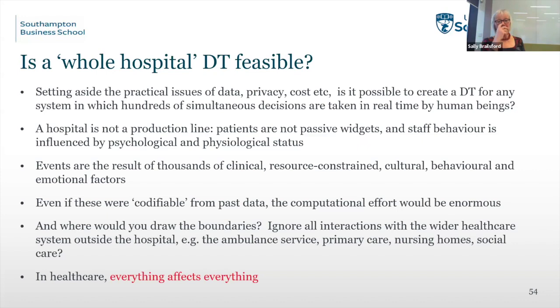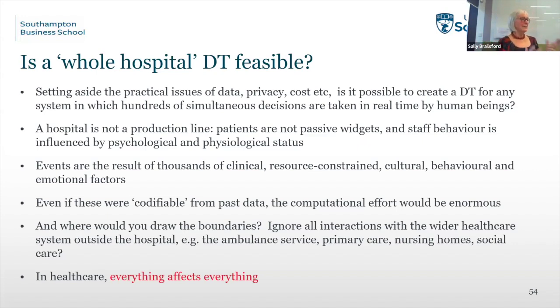And you'd have this problem that arose in the previous talk about where you draw the boundaries. Do you just look at the hospital and ignore everything that goes on outside? Do you ignore ambulances? Do you ignore GPs or social care, nursing homes, etc.? This is one of the endless fascinations about working in healthcare: everything affects everything.